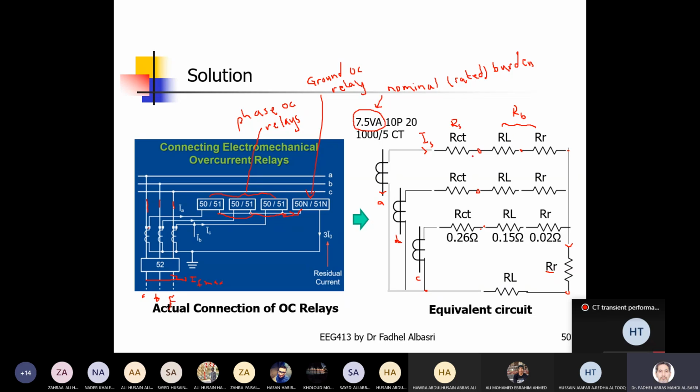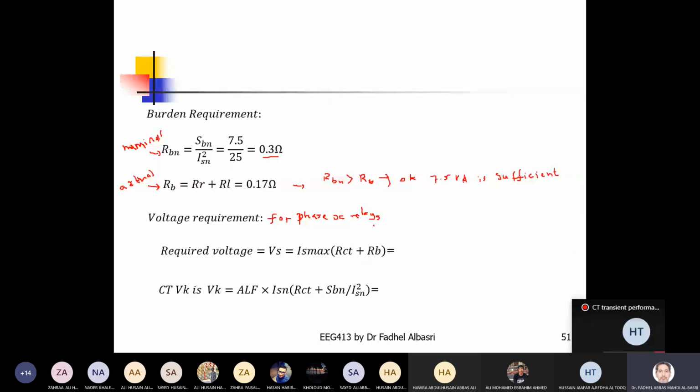Okay, so what I need to find is this voltage Vs, and we'll compare it with the voltage class, the voltage requirement. So what is this Vs? Actual is I secondary maximum times RCT plus RL plus RR, without this one, because the current for this is equal to 0.